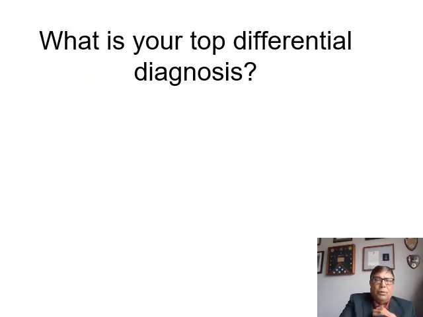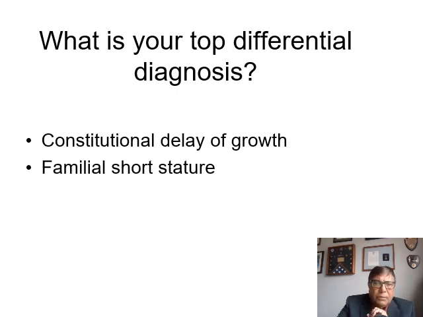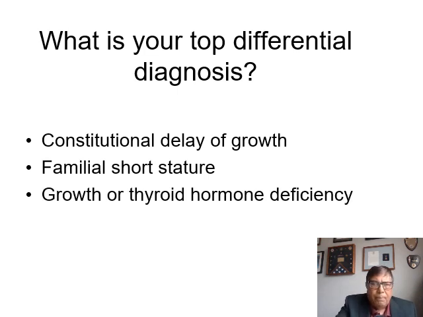So what is your top differential diagnosis in this patient? Could it be a constitutional delay of growth? Very possible. A family history would have been very helpful, which we do not have. Could it be a familial short stature? Again, same way, family history is not available, so this cannot be excluded on the historical basis.